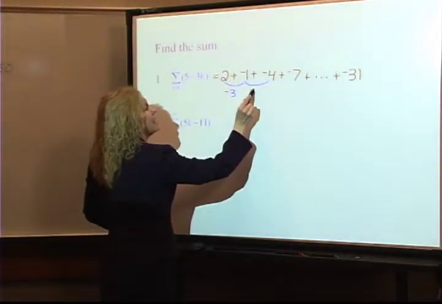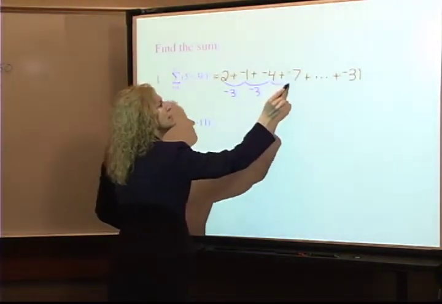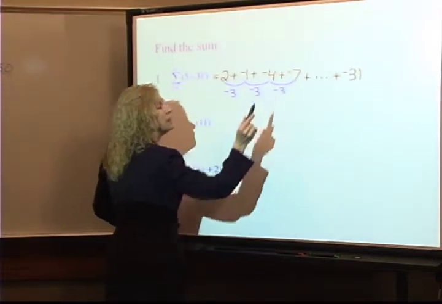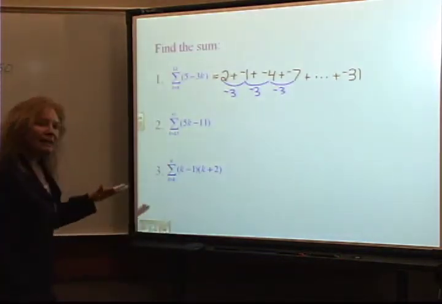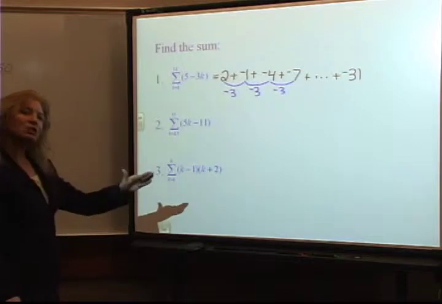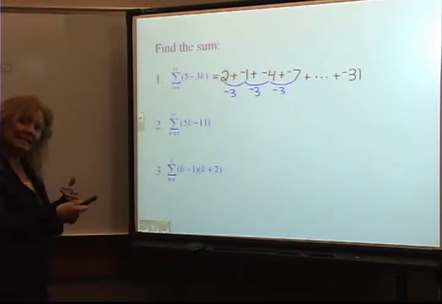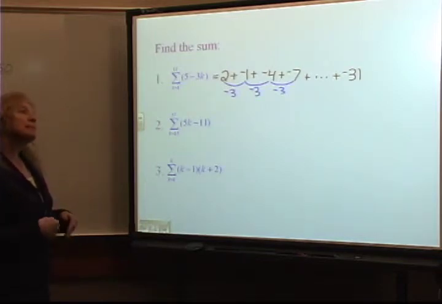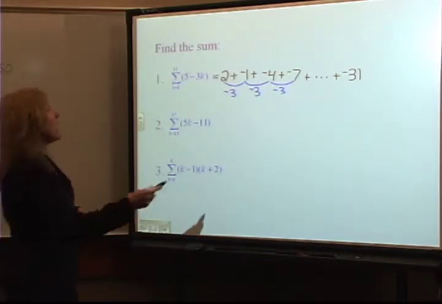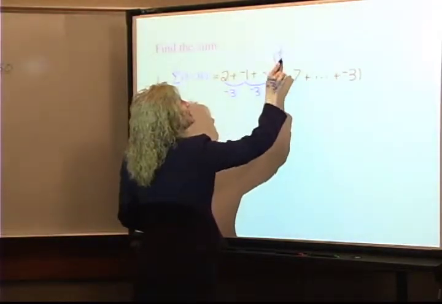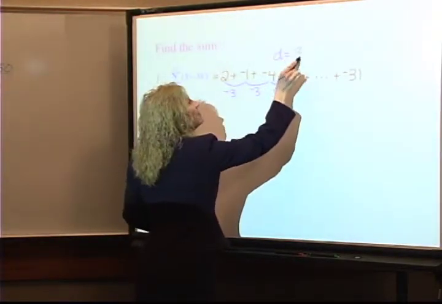You would add negative 3. And here you add negative 3. And since you're adding the same thing each time to go from term to term of the sequence that we then add up in this series, that means this guy is arithmetic, and the common difference is equal to negative 3.